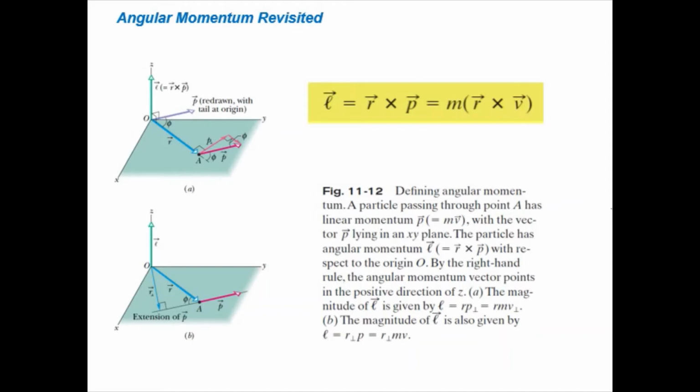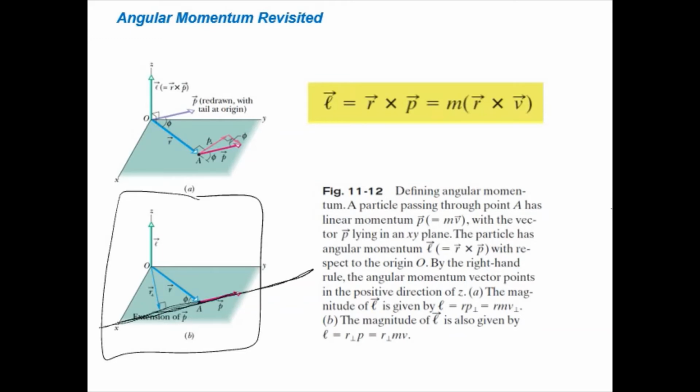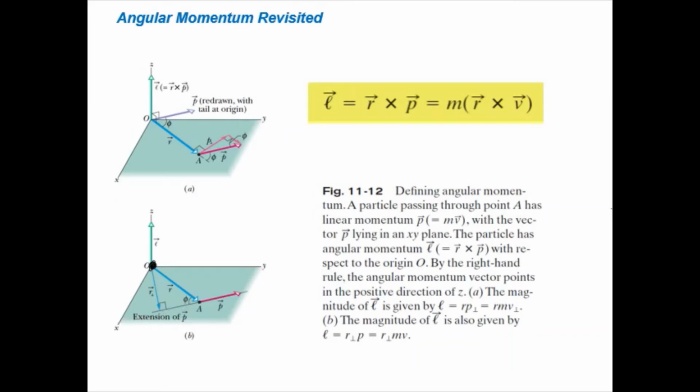In other words, if you look at the diagrams here, this one especially, if you take the momentum vector and you extend it both directions to infinity, almost like we did with torque when we created our line of action, then r perpendicular is the shortest distance from the pivot location, or the center of the coordinate system you're choosing for your system of rotation, to the line of the momentum action.